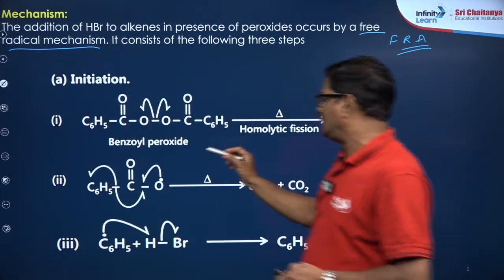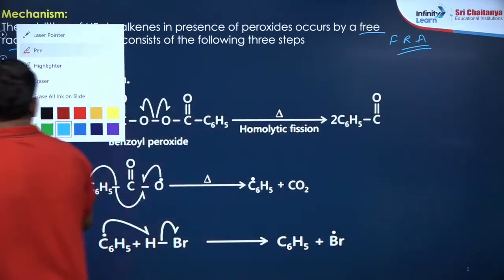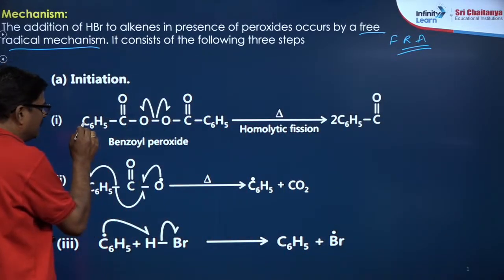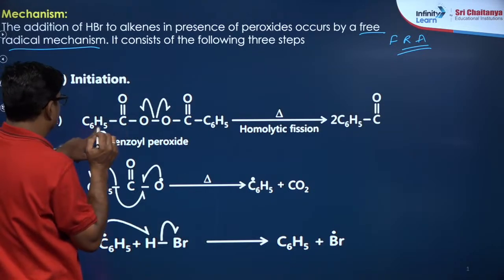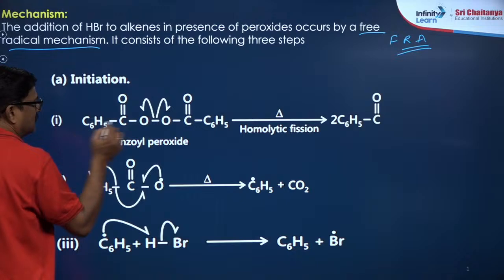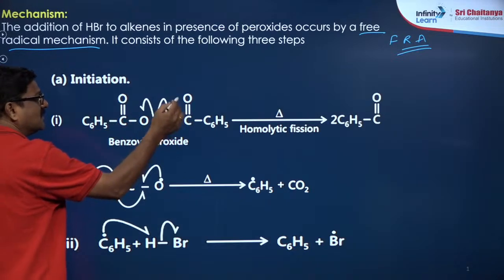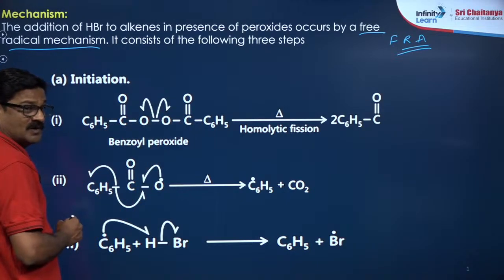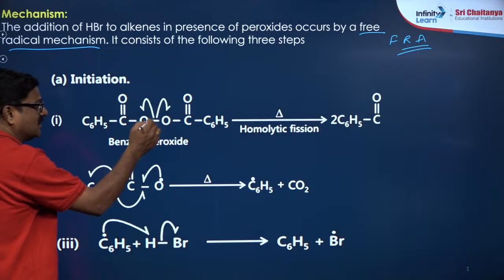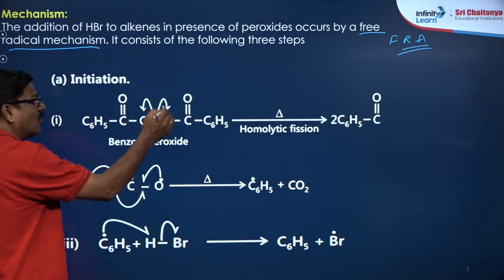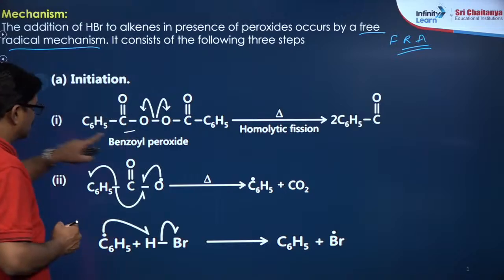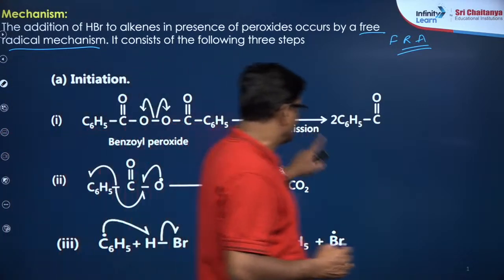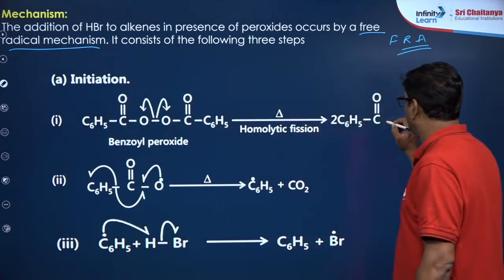So this is your benzoyl peroxide: benzene ring, C=O, O-O, C=O, C6H5. This is a peroxy linkage. This peroxy linkage undergoes homolysis.